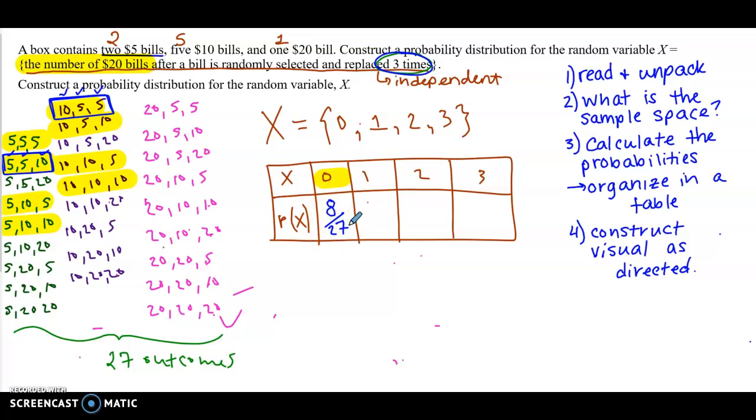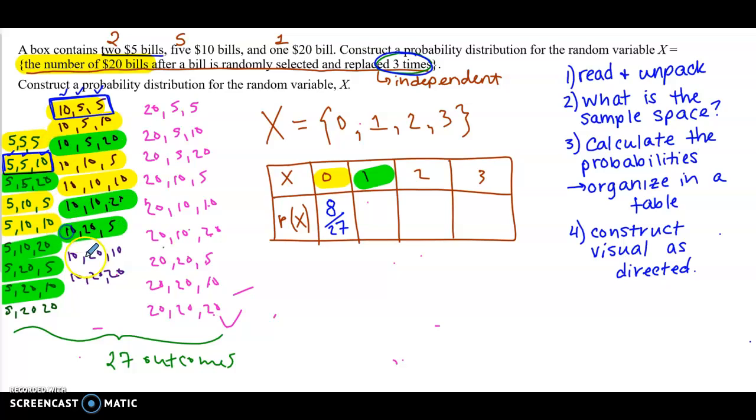Out of 27. Okay. And then we're going to look at one $20 bill appearing. So 1, 2, 3, 4, 5, 6, 7, 8, 9, 10, 11, 12.